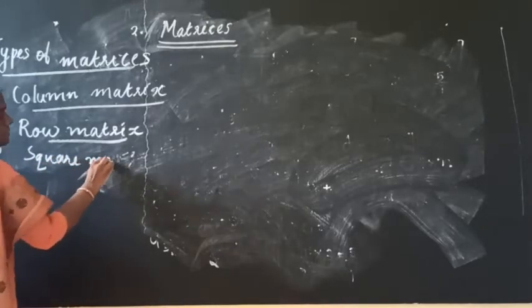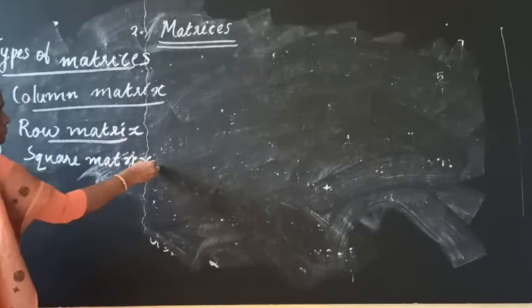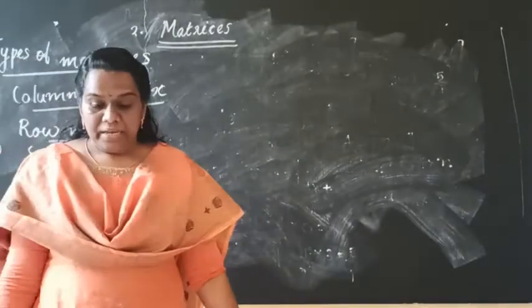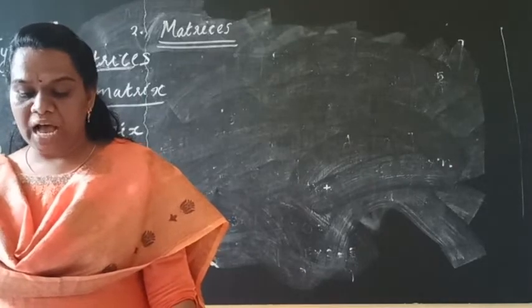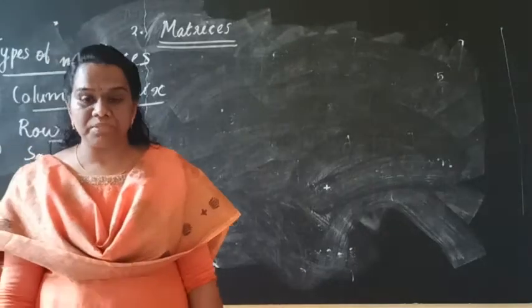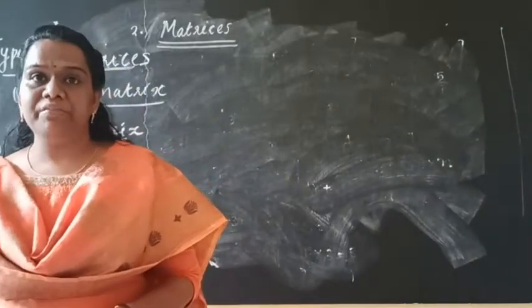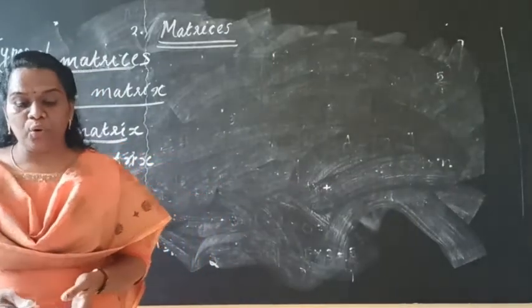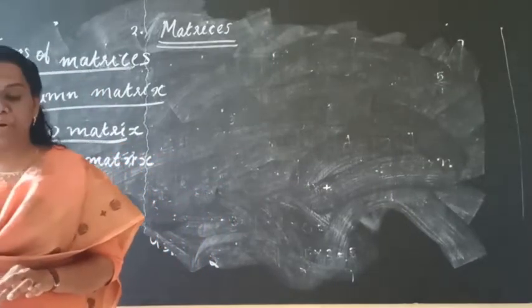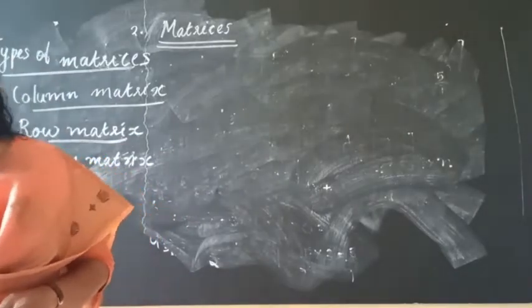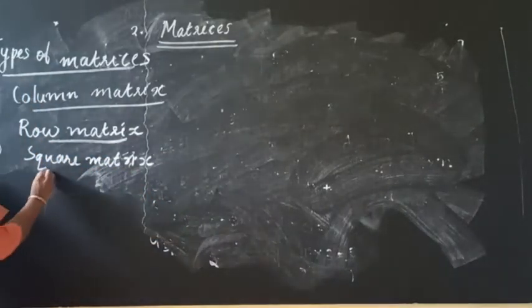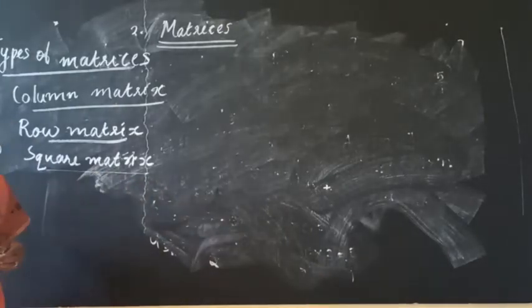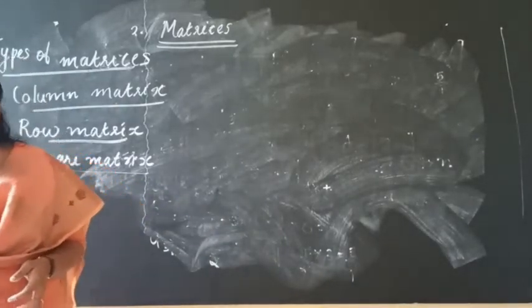So next is square matrix. A matrix in which the number of rows is equal to the number of columns is said to be a square matrix.